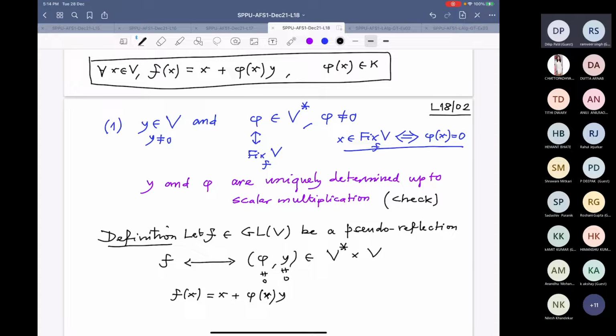You see, this equation is the one which will make a lot of calculations very easy. You will see that.